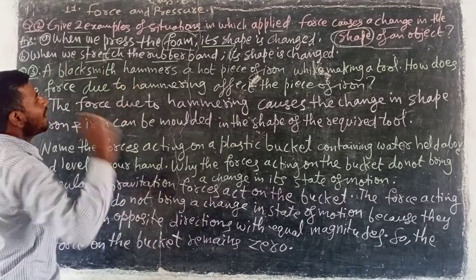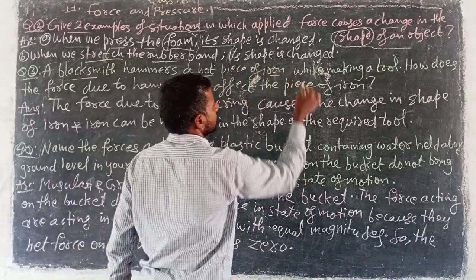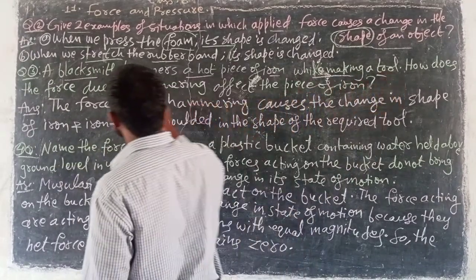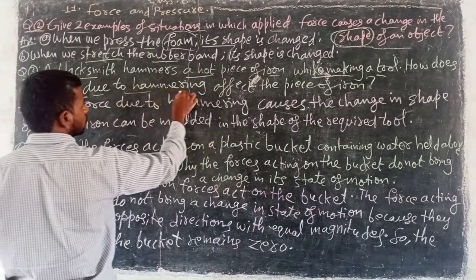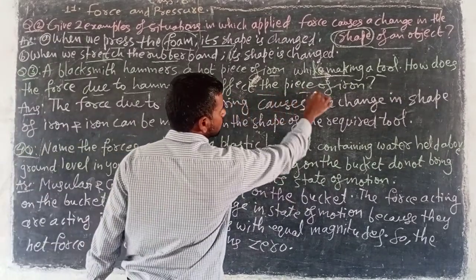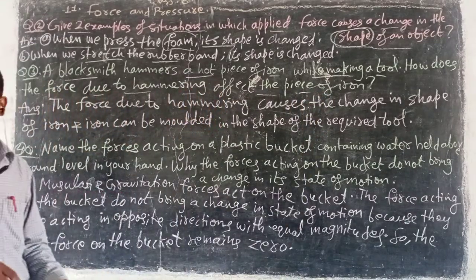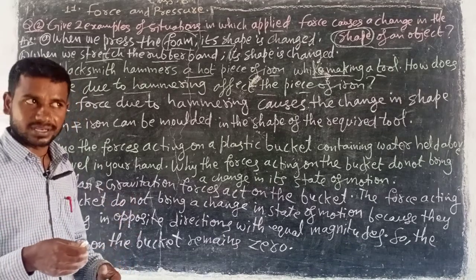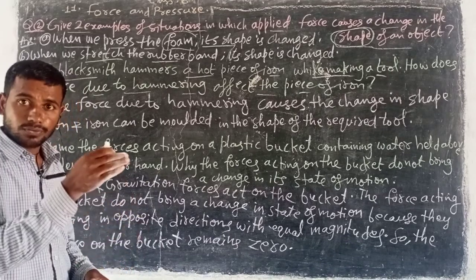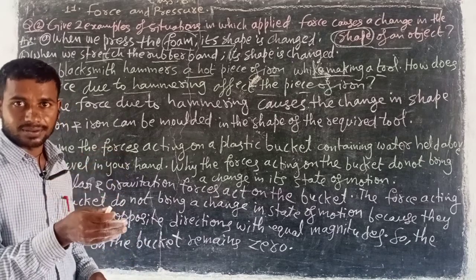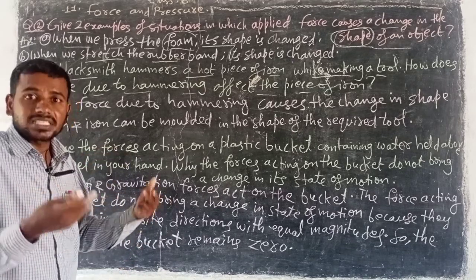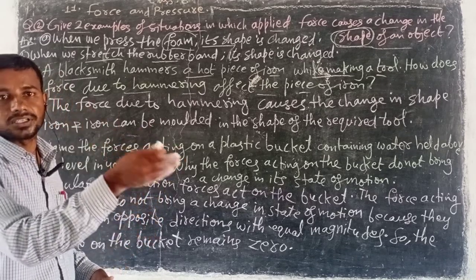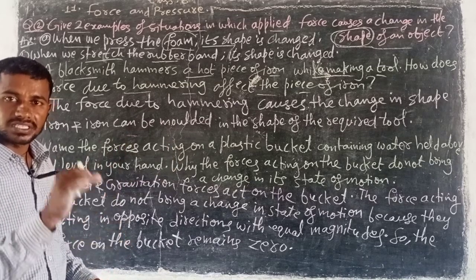A blacksmith hammers a hot piece of iron while making a tool. How does the force due to hammering affect the piece of iron? What changes occur in that iron piece to convert it into a tool?